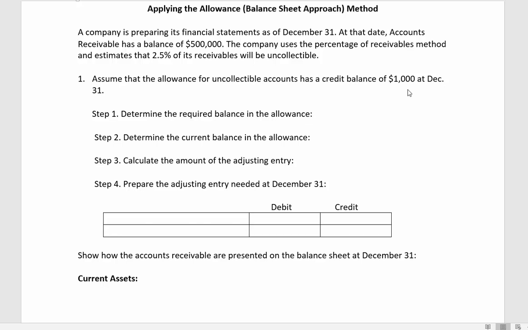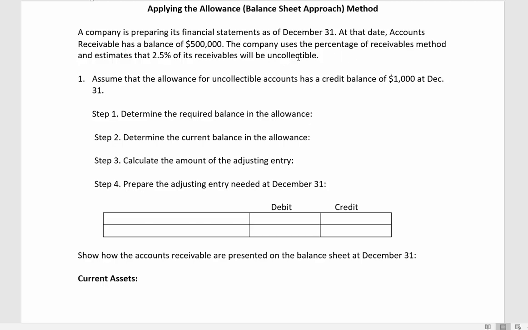So if you go back to the other video, if it has a credit balance before adjustment at the end of the year, that means that last year we estimated more than we wrote off. All right. So first thing we want to do is find the required balance in the allowance. That is how much do we think is actually not going to be collectible.